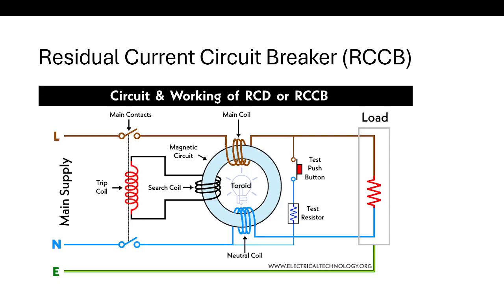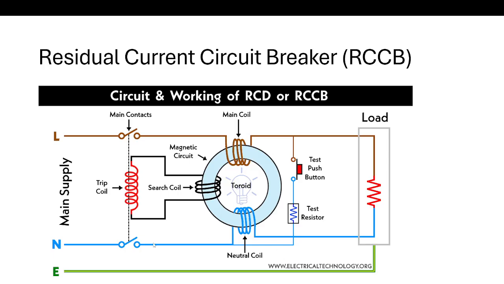Under normal conditions, net current is zero. Current enters through the phase, goes to the load and returns through the neutral.